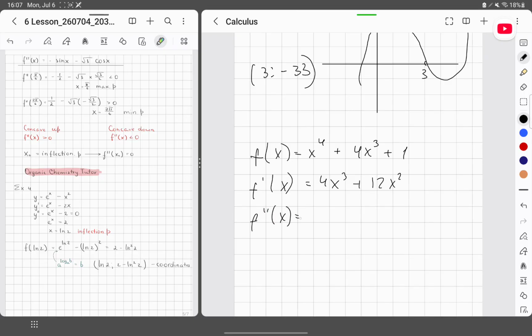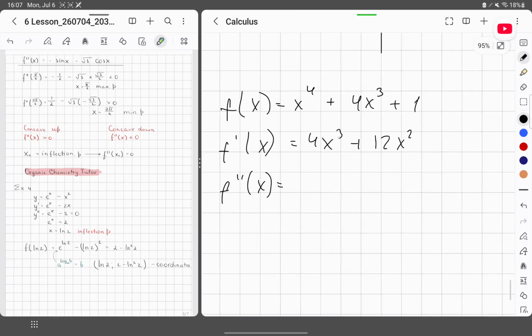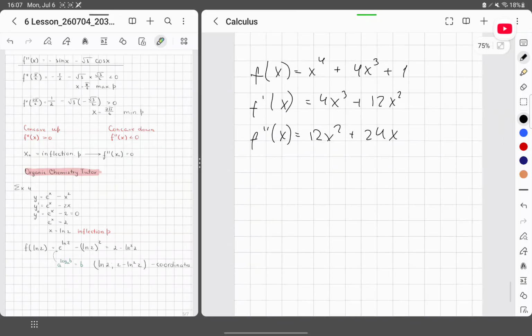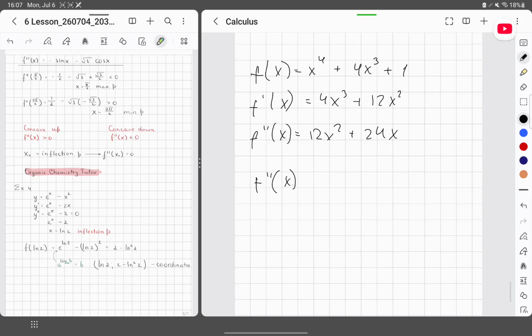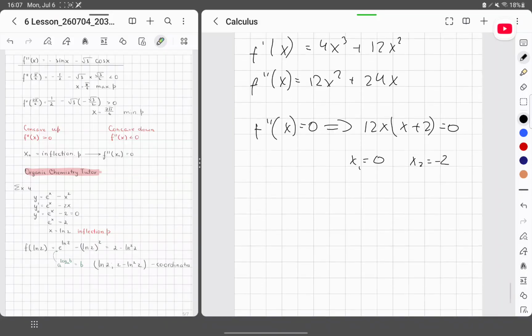The second derivative of this function will be 12x squared plus 24x, and make this equal to 0. 12x times x plus 2 is 0, so x is 0 or x is negative 2.